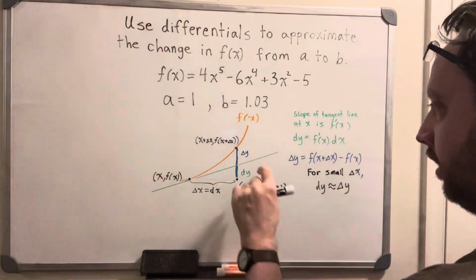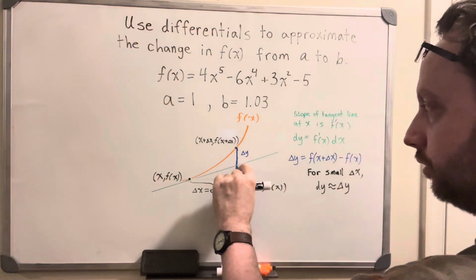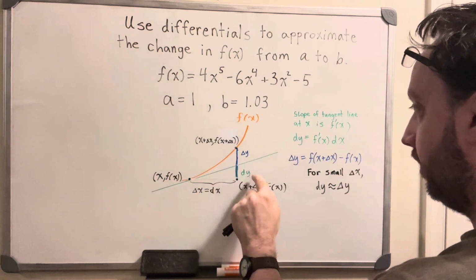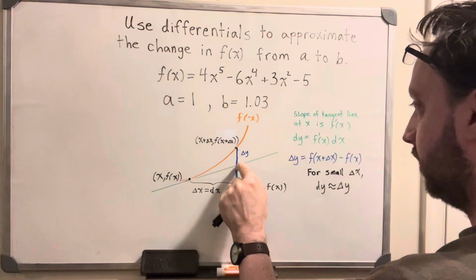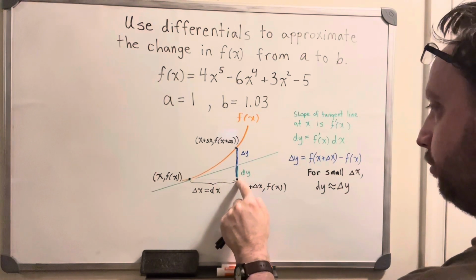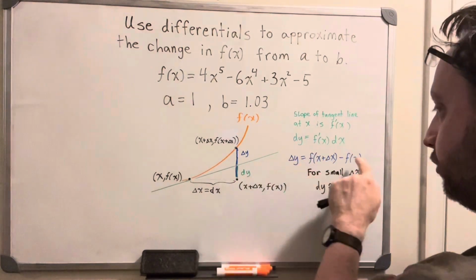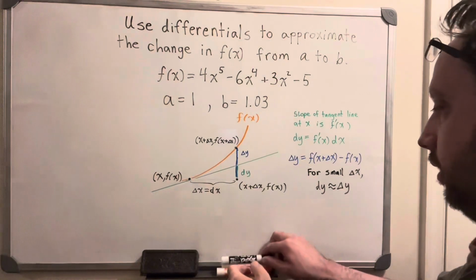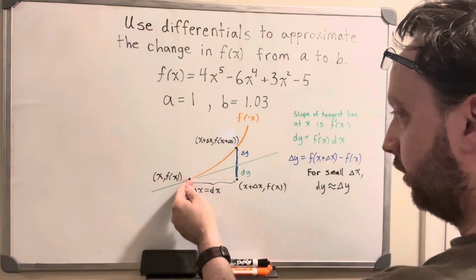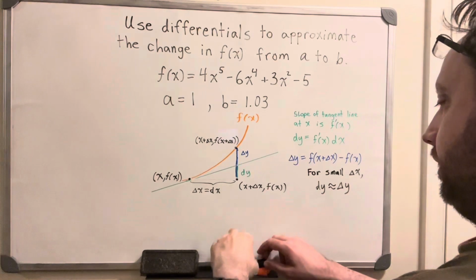And if you wanted to know how much this change in y, this differential in y, is, it would be the difference between this point's y value and this point's y value. But instead of calculating 2 points and subtracting, when we find the value of the derivative at this point, what we've got is the slope of this line.